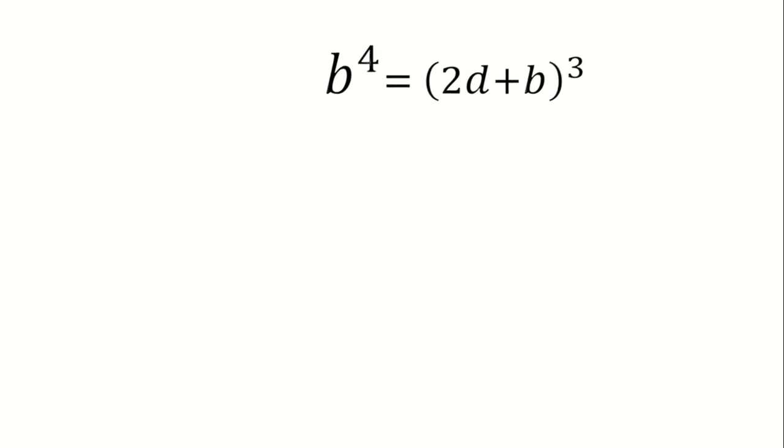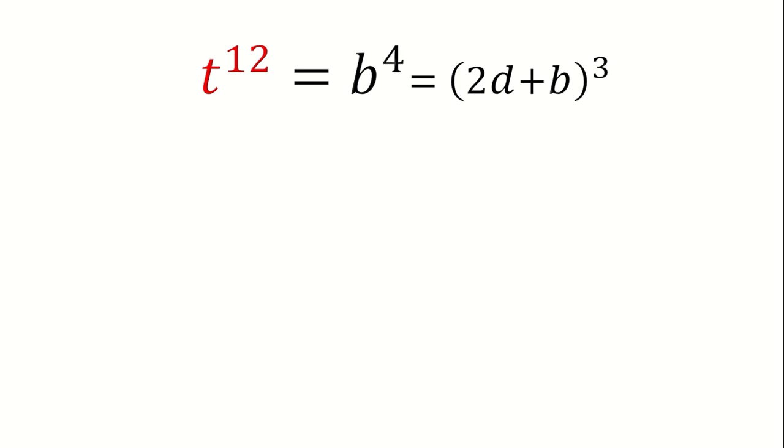So we can assume that this number is equal to t to the power of 12, and t to the power of 12 is equal to b to the power of 4. So b is equal to t to the power of 3, because we can now take the fourth root of both sides and lead to this equation: b is equal to t to the power of 3.